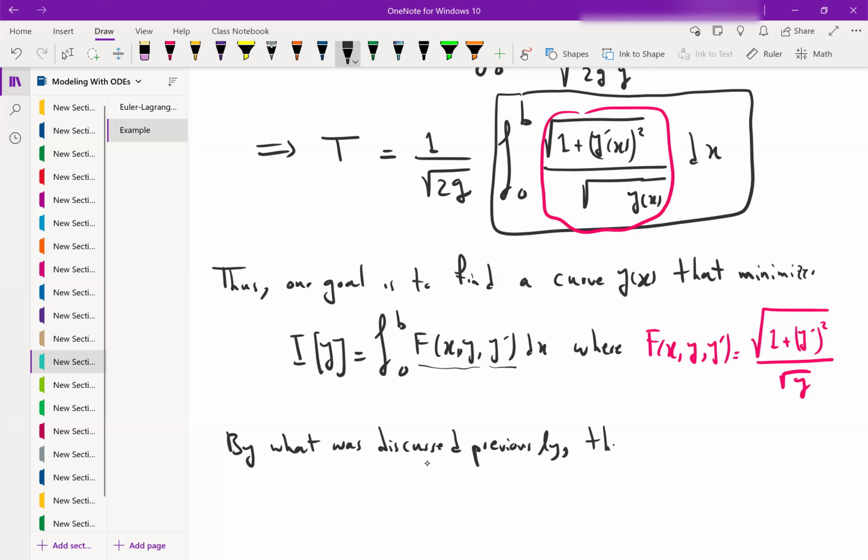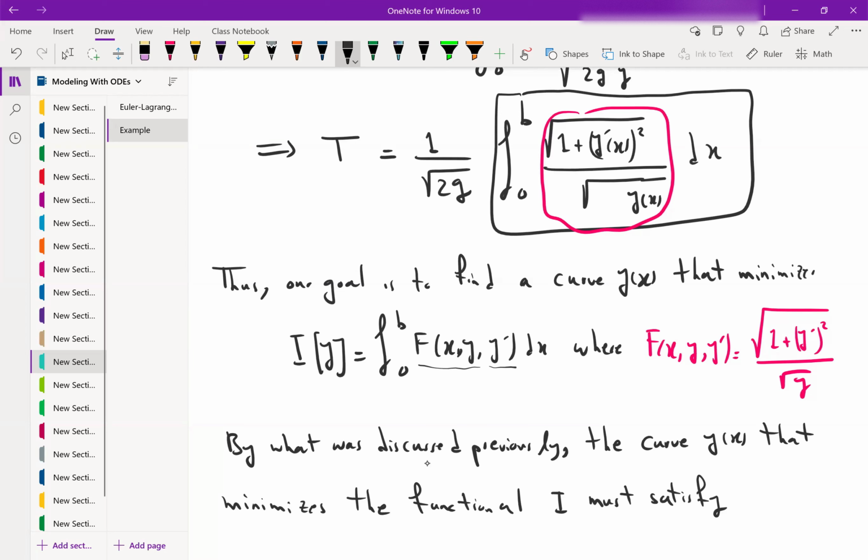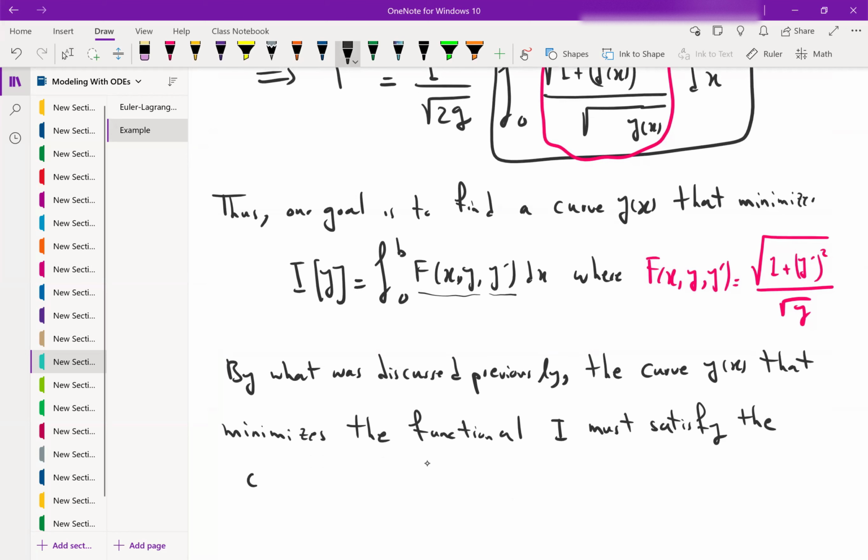The curve y of x that minimizes the functional I must satisfy the corresponding Euler-Lagrange equation.